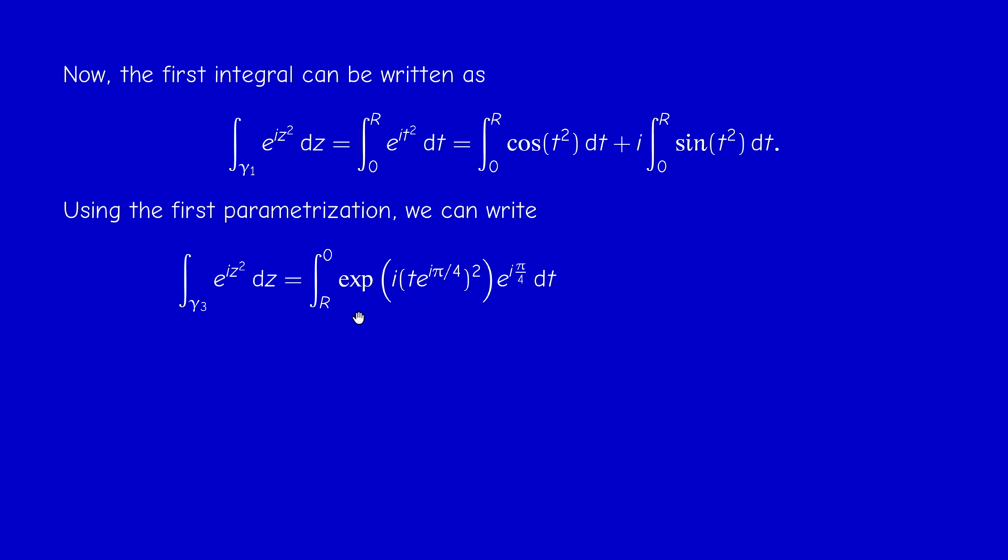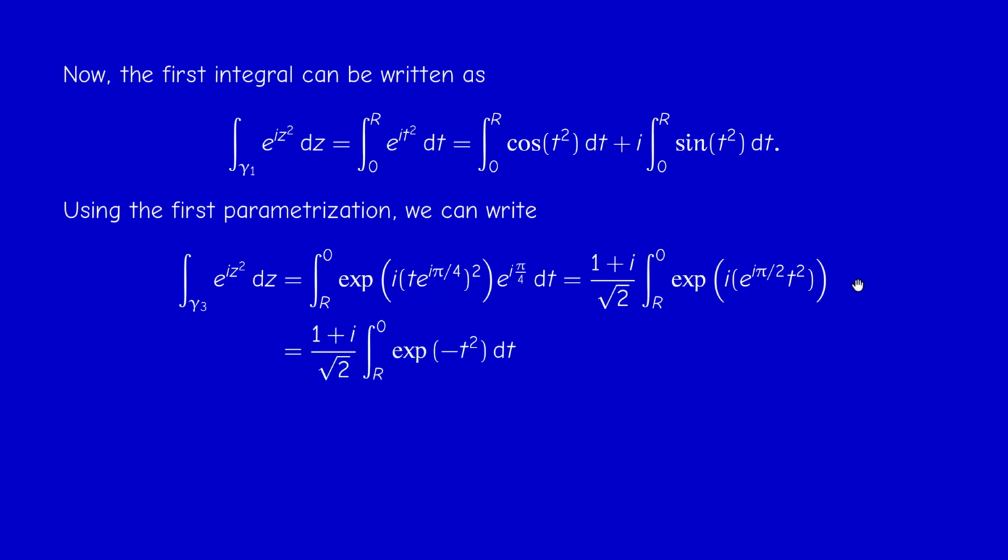Now when we raise to the power 2, we get t² e^{iπ/2}, because e^{iπ/4} to the power 2 is e^{iπ/4 times 2}. And now e^{iπ/2} is just i, as you may check, because cosine π/2 is 0 and sine π/2 is 1. So this is i. i times i is minus 1. Now the e^{iπ/4} is a constant, which is (1+i)/√2. So I put it outside. And there's a dt here. Therefore I get (1+i)/√2 times the integral from r to 0 of exponential of minus t² dt.